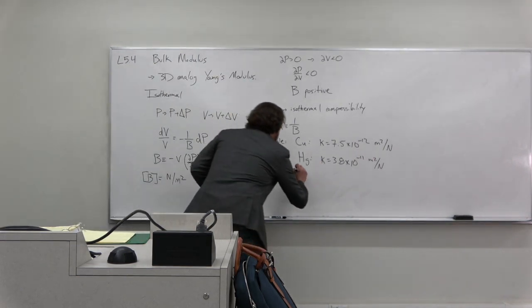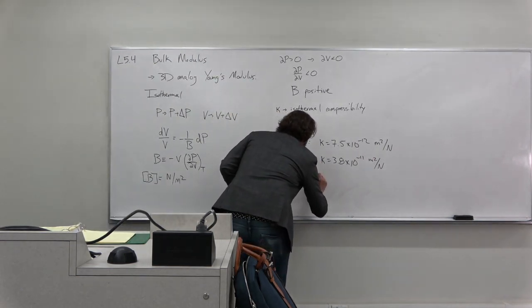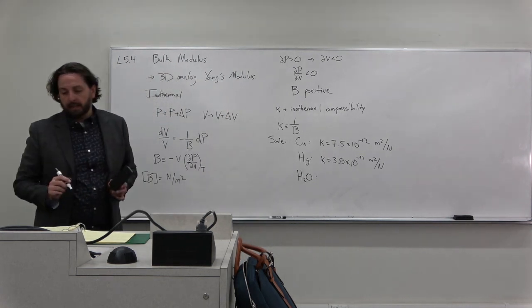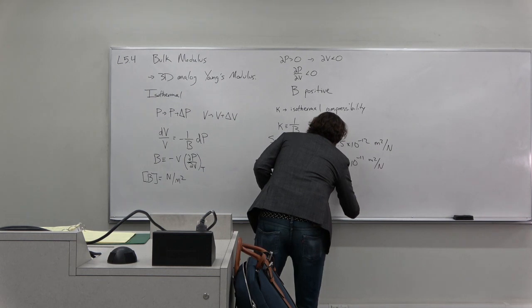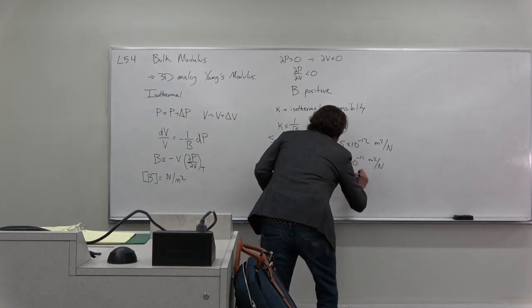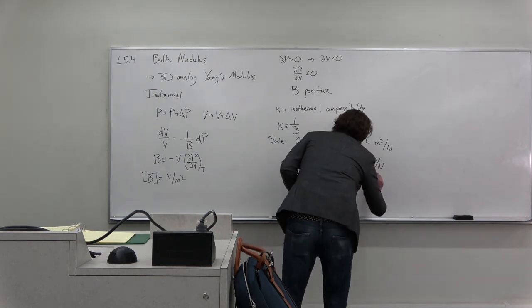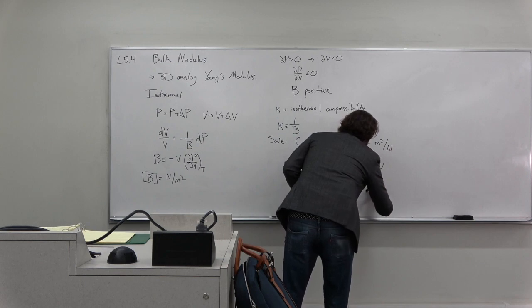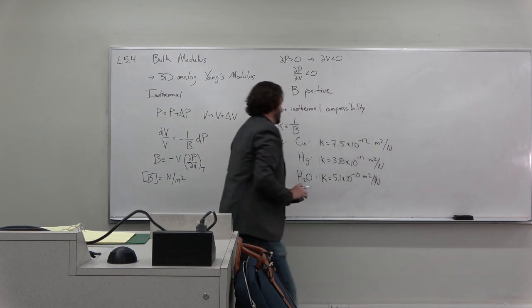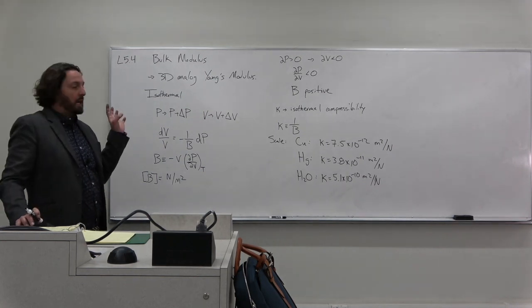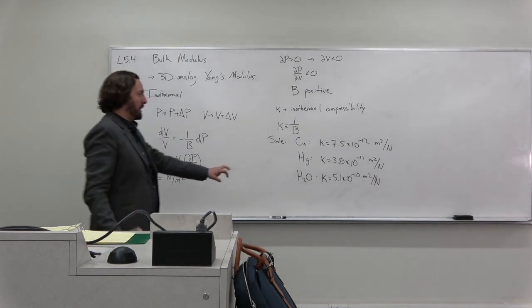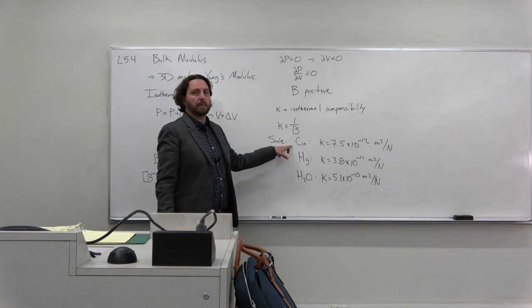Now do water, and it's 5.1 times 10 to the minus 10 meters squared per Newton. And so you can see that water is 100 times more compressible than, say, copper.